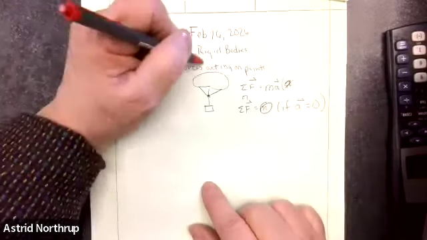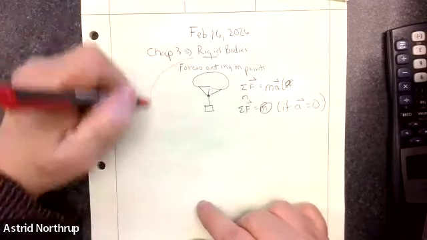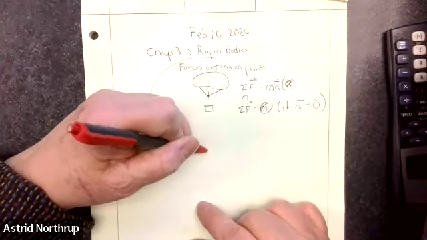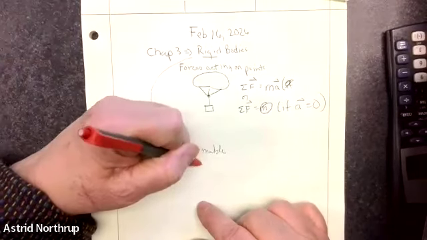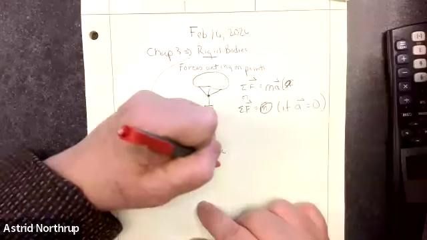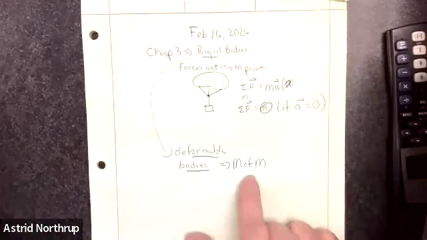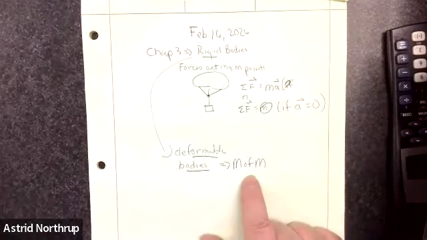In chapter 3, we start talking about rigid bodies, which is itself a simplifying assumption, because if you have a non-rigid or a deformable body, which we're going to discuss when we get into mechanics of materials, you can actually overstress or overload an object and deform it or break it, and you have to take that into consideration as well.